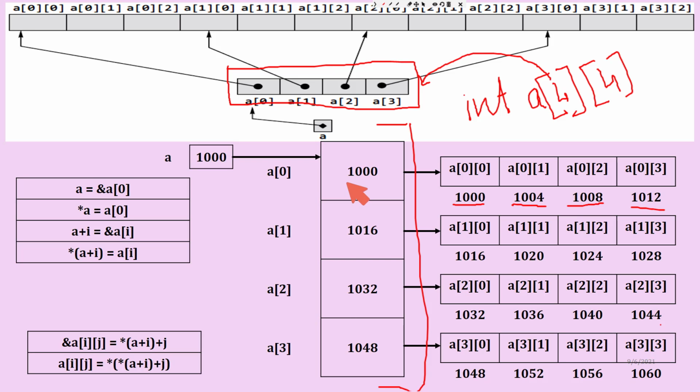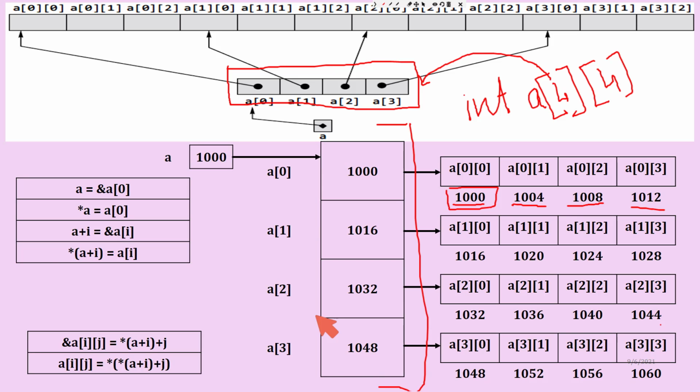The content of A of 0 will be the address of the first cell of the first row. A of 0 is actually denoting the first row, and the address of the first cell will be stored as its value. Similarly, in A of 1 we have 1016, and 1032 will be stored in the second cell, and 1048 in the third cell.